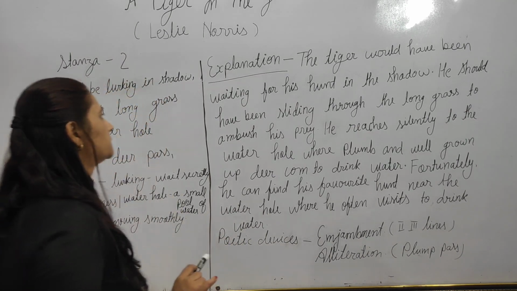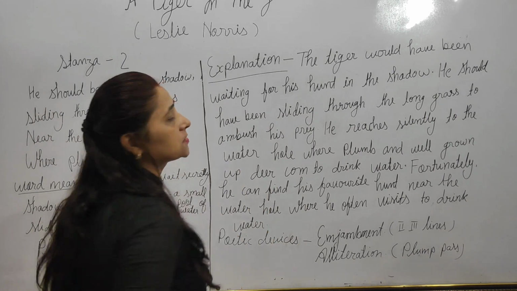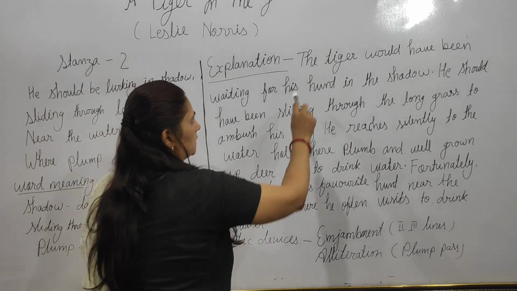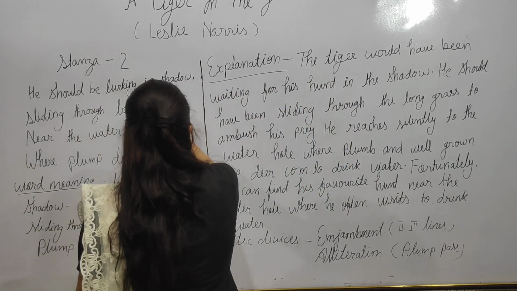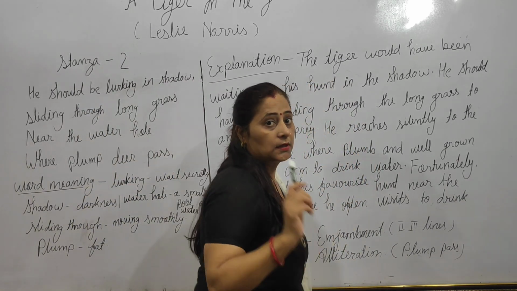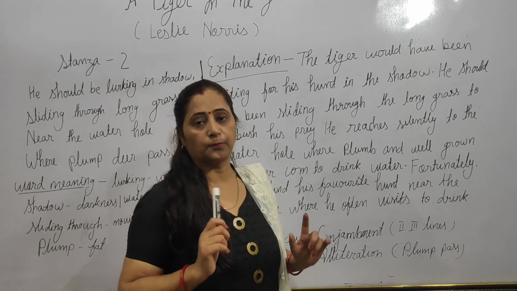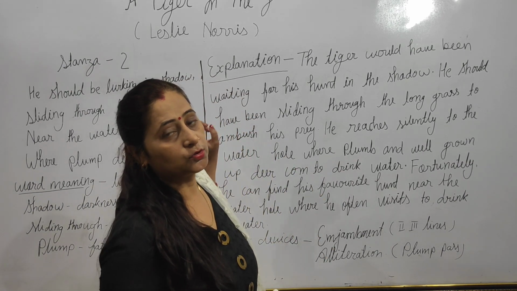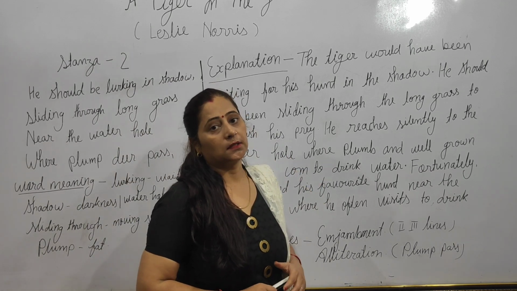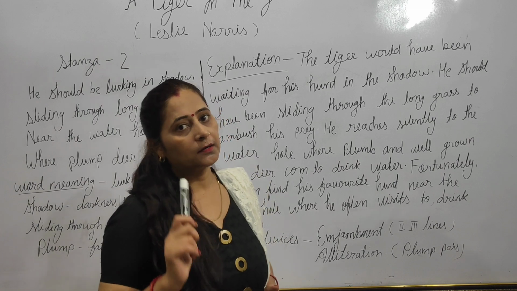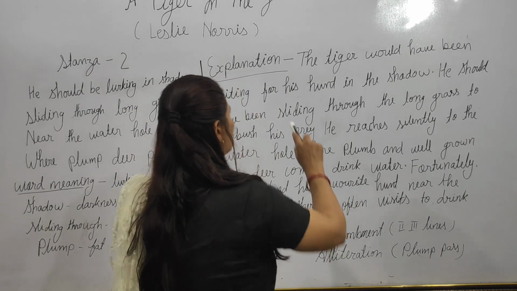Okay. Now the line by line explanation of the second stanza. He should be lurking in shadow. Already I had explained that the poet personified the tiger by using the word he.